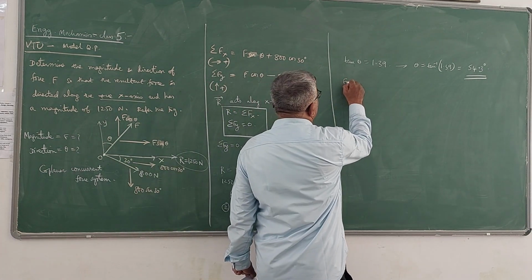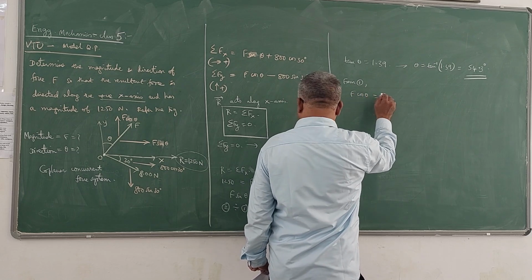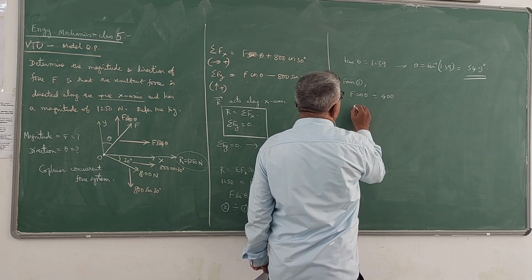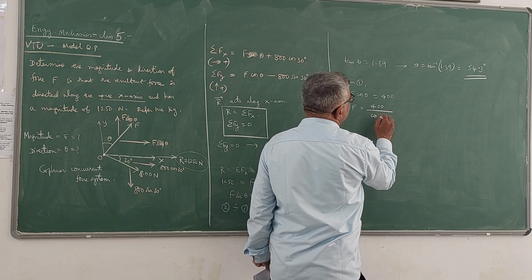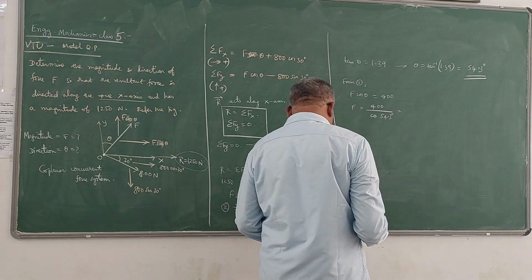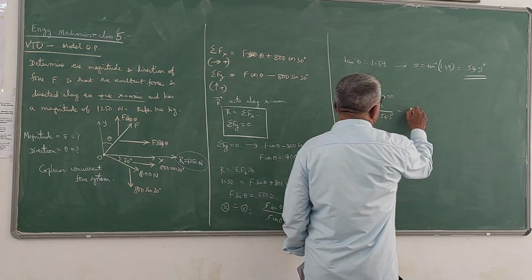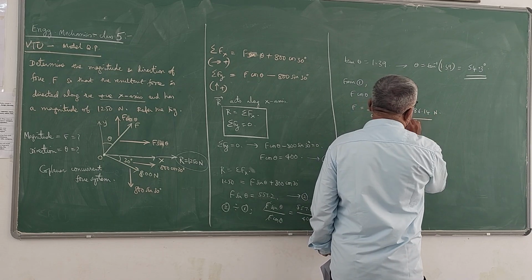So from equation 1, F cos theta is equal to 400. Therefore, F is equal to 400 divided by cos theta. Theta is 54.3 degrees. If you simplify this, you will get 686.14 Newton. So this is the magnitude of the unknown force.